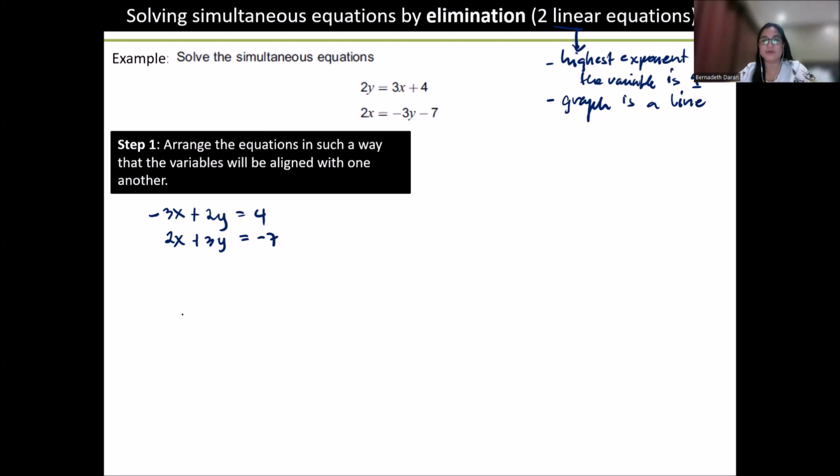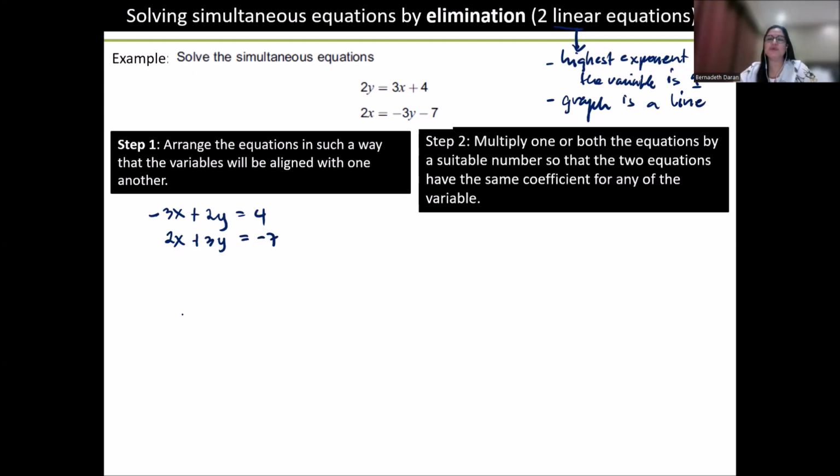Then step 2. In step 2, we multiply one or both of the equations by a suitable number so that the two equations have the same coefficient for any of the variables. What do we mean by that?